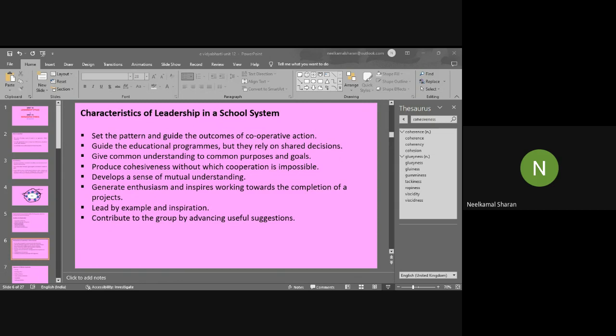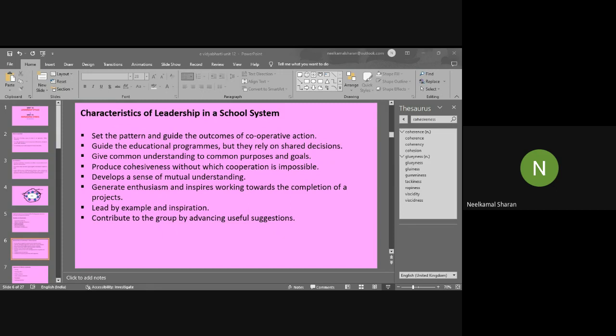What will be the outcome? That is guided by the leader of the school system. The next important characteristic is to guide the educational programs, but they rely on shared decisions. The leaders in a school system guide whatever educational programs are running in the school, and along with that, they rely on shared decisions.